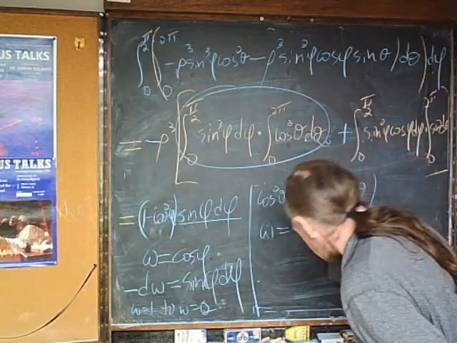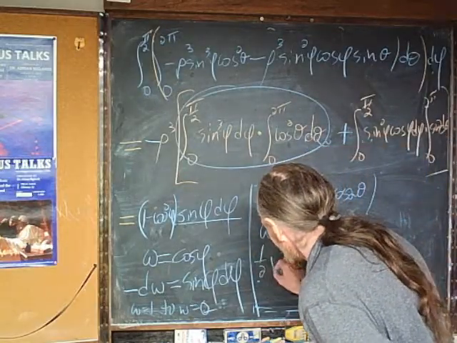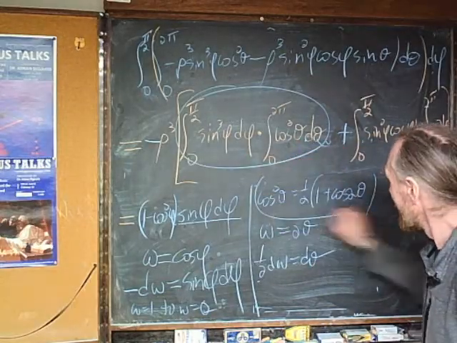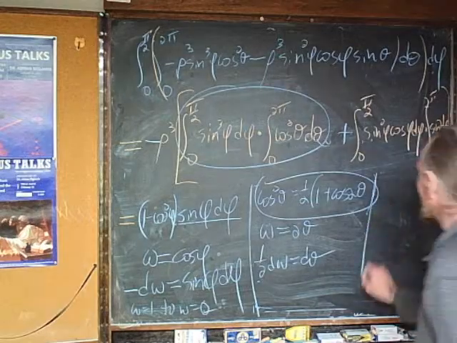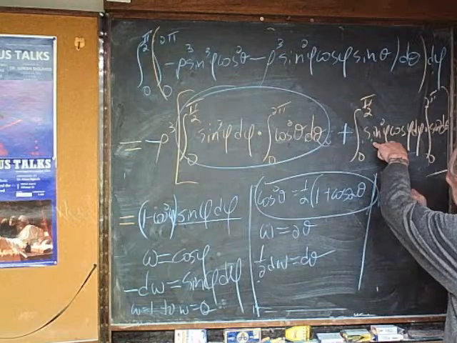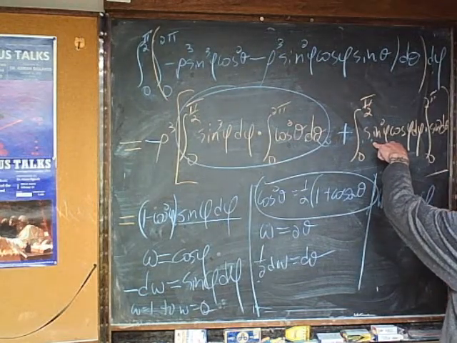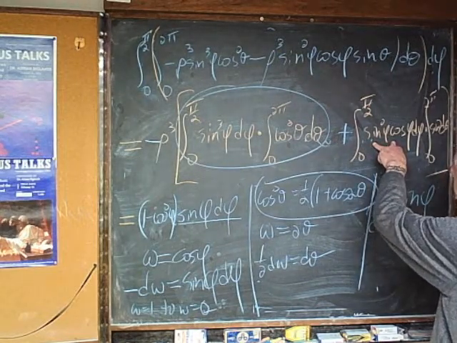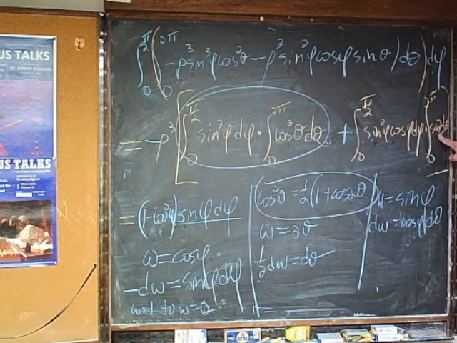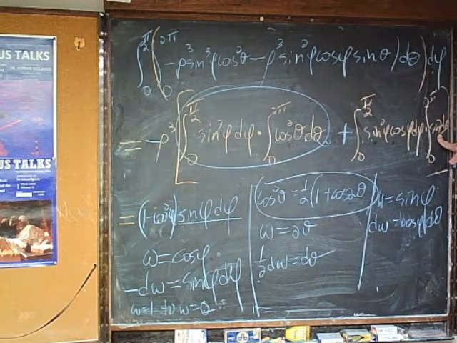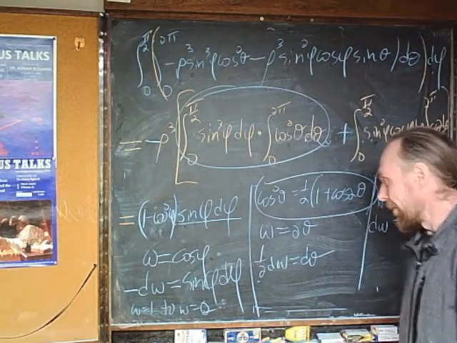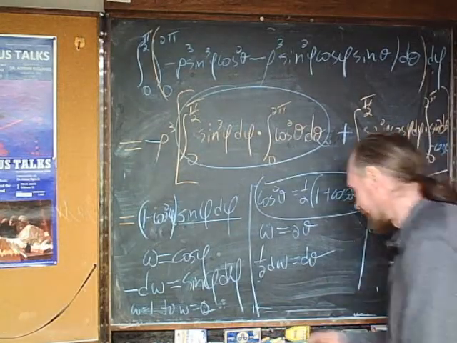That was too much. That'll do the substitution for this guy. Change the bounds, and then this one is just a substitution. I would write W equals sine phi, and so dW is equal to cos phi d phi, and then this one is just the integral of sine, which will be negative cos. Put in your values and suck it up. I always say, I'll crack the eggs for you, you suck up the yolk.